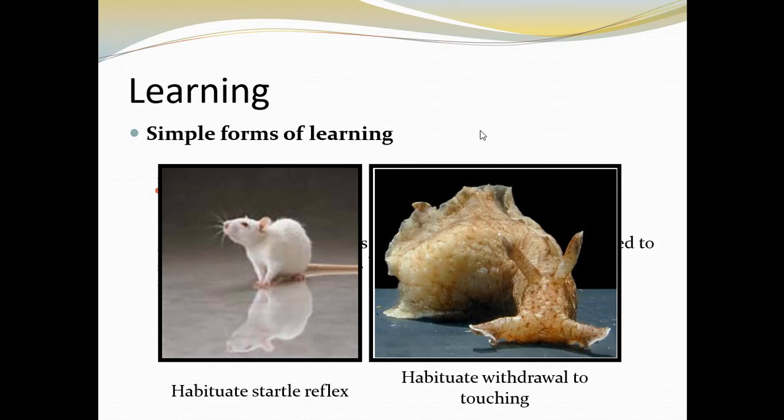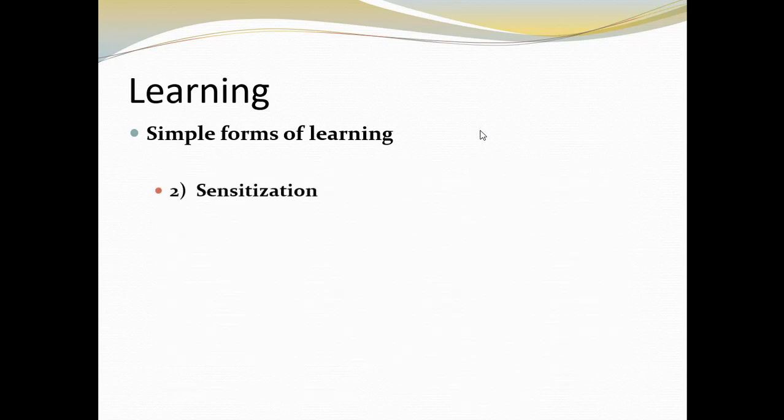Now, the flip side: habituation is one response to repeated exposure. The other form of simple learning is called sensitization. And now here, if we think about why we might have these kinds of processes, we have limited resources.